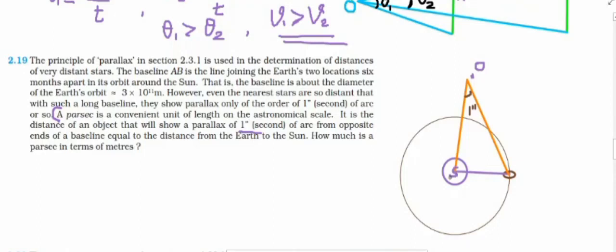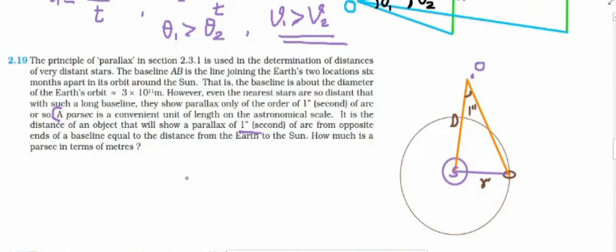Distance from Earth to Sun means you can see it is the average radius of Earth's orbit. So according to the definition, this distance, okay, we can take it as d. Distance d is parsec, and under the condition that this angle is 1 second and the baseline is the distance between Earth and Sun. Okay, in such a situation, you have to calculate the parsec d. You need to calculate how to find the parsec d.